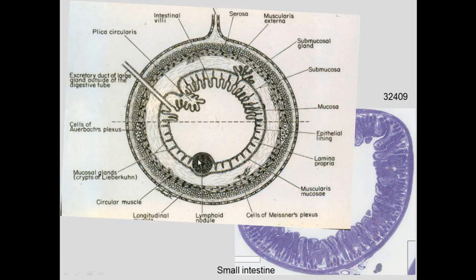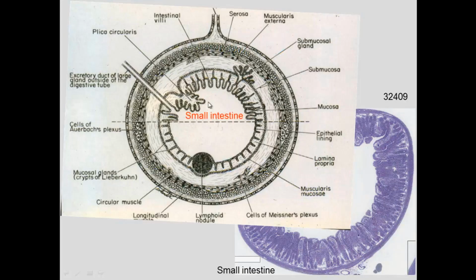Lymphoid tissue is found throughout, inner circular and outer longitudinal for the muscularis externa. You can also see these crypts of Lieberkühn that are glands in through there. There also are secretions from other organs as well, from the liver and the pancreas, that come into the small intestines.